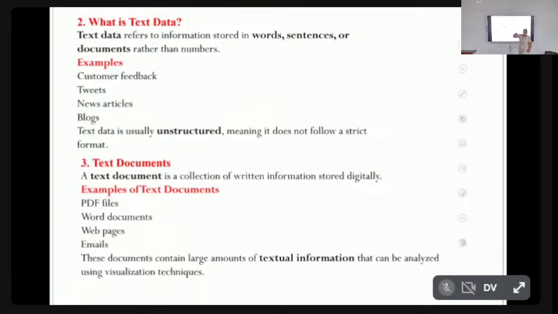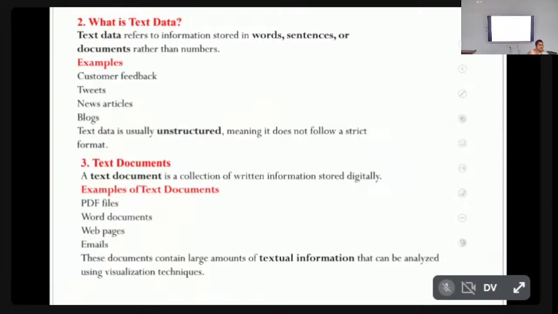So textual data is usually unstructured. So what do you mean by unstructured data? What are the three types of data? Structured, unstructured and semi-structured. So what do you mean by structured data? Labeled data. For example, I say, please send me an assignment either in PDF or in Word or in Excel or in an image.